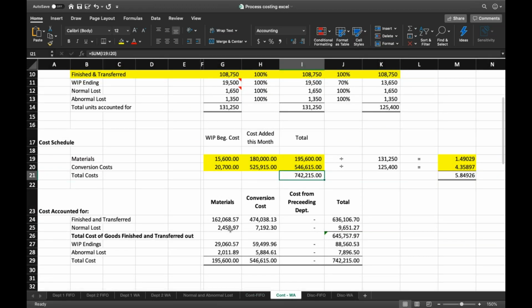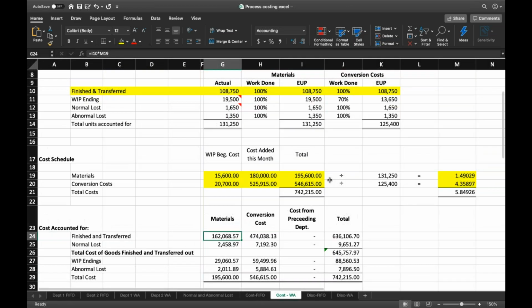So for finished and transferred, 108,750 times 1.49, 162. Conversion cost, 108 times 4.35, 474. Wala na yung beginning cost, cost from Preceding Department na lang. Bakit? Kasi inadd na natin siya dito. Okay, so 636,106.